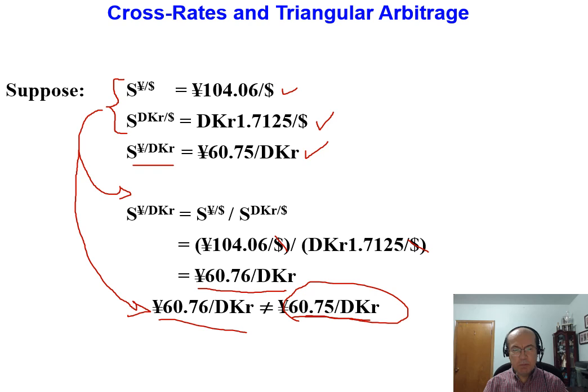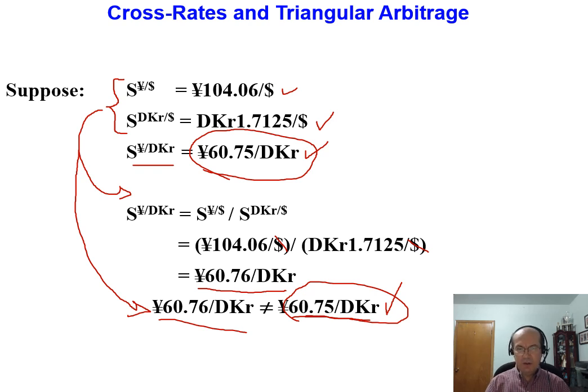It should take 60.76 Japanese yen to buy a Danish krone. So according to the rate that we observe, Danish krone is undervalued, because it takes only 60.75 Japanese yen to buy a Danish krone, while it should take 60.76.